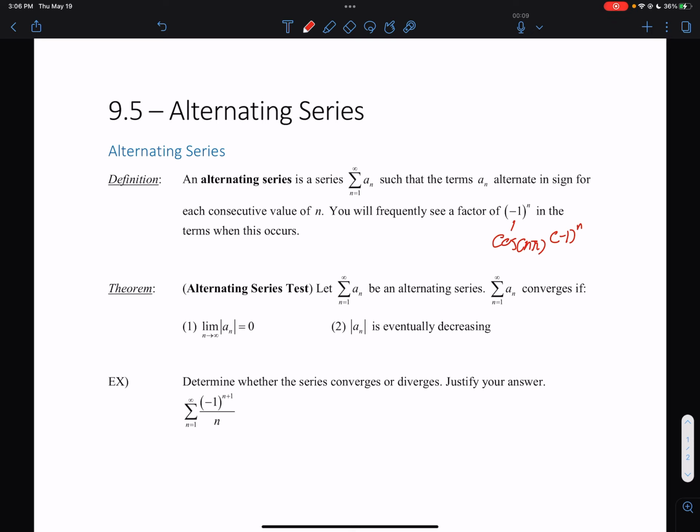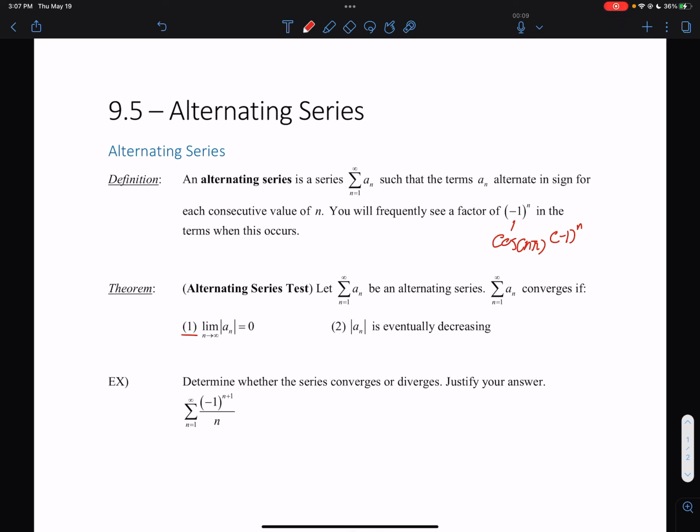Let's now take a look at the theorem of the alternating series test. Let a sub n be an alternating series. In order for it to be tested with the alternating series test, there are two conditions to be satisfied. The first condition is that the limit as n goes to infinity of the absolute value of a sub n has to equal 0.